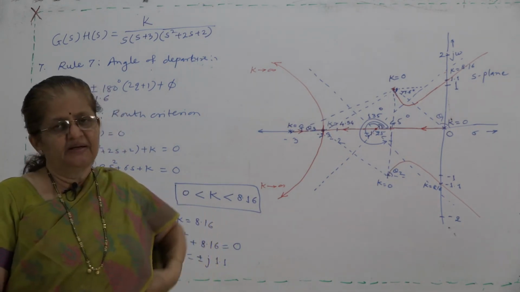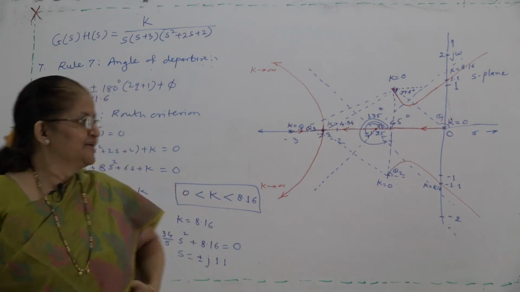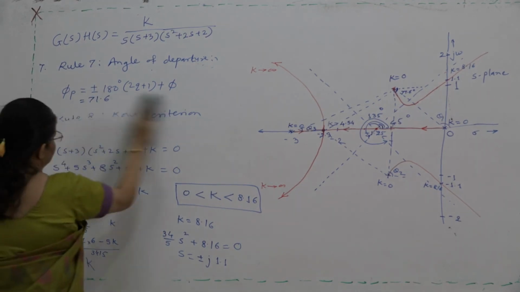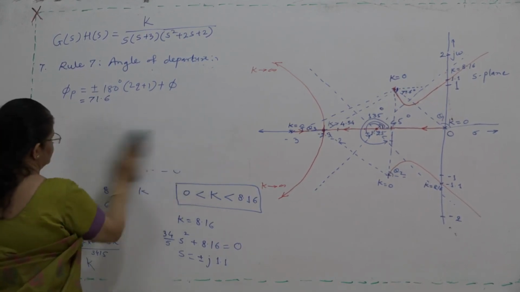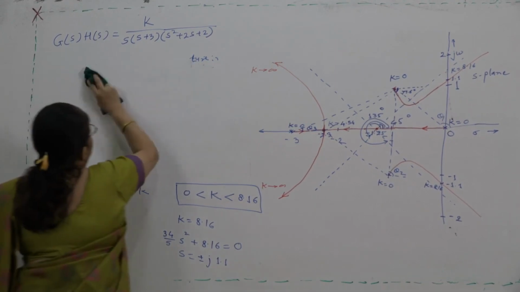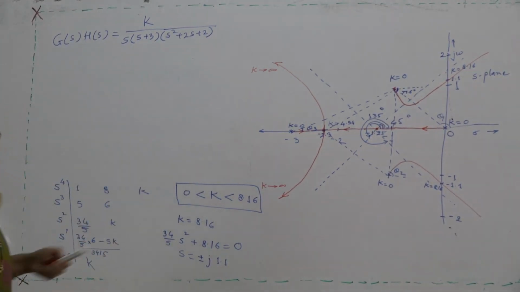So, you can determine where the root will lie if you know the value of k. This is the first advantage or application, determination of roots for a specified open loop gain. Here the magnitude criterion is required. See how we have calculated here, it is 4.54 by using the magnitude criterion.